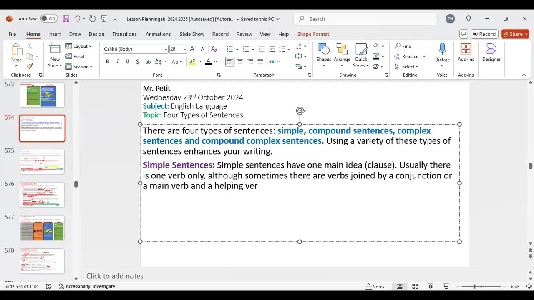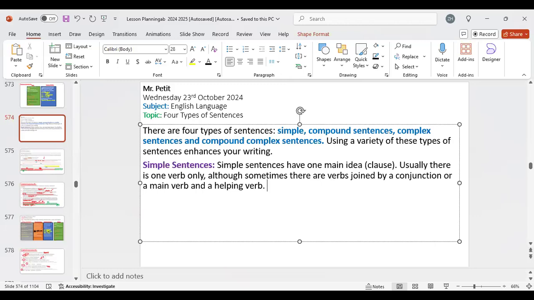So when you have a sentence that basically has one main idea and one verb, then you're dealing with a simple sentence. Now there may be other verbs there, but they are like helping verbs, right?